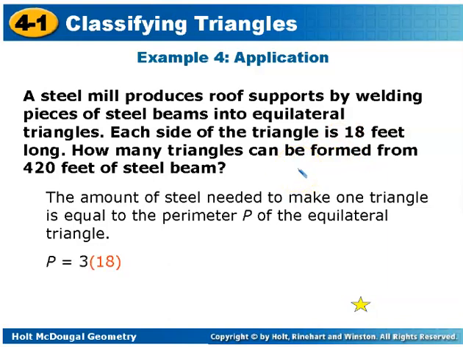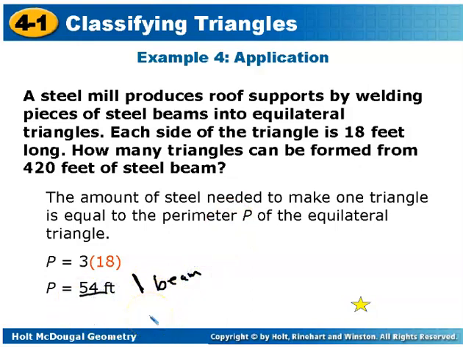So I'll start there, because I know that the perimeter is adding all the sides together, but in an equilateral triangle, I know the sides are all the same, so I can just make the perimeter 3 times one side. If I do that, I find out that the perimeter of one triangle, okay, this is for one of those triangles, those beams, one beam is 54 feet.